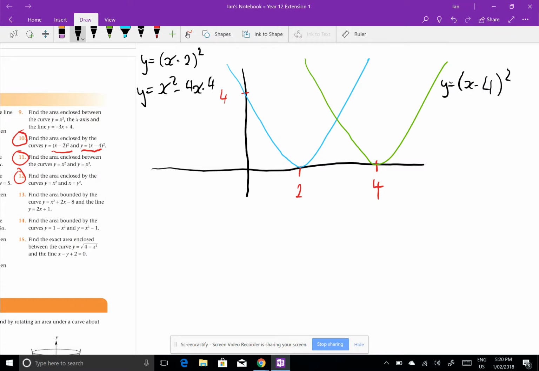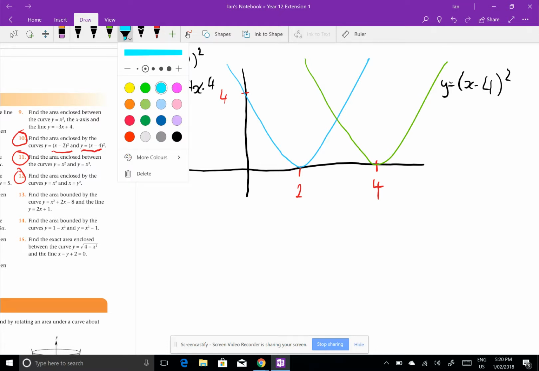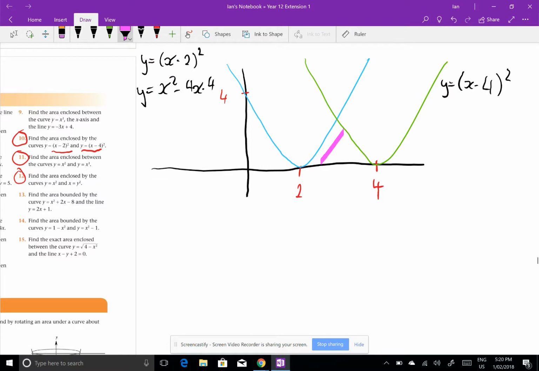And what we want to do is find the area enclosed by those two curves. It should really say in the x-axis. I shouldn't assume that we're going to be finding this area in here, which means we're going to split it into 2.